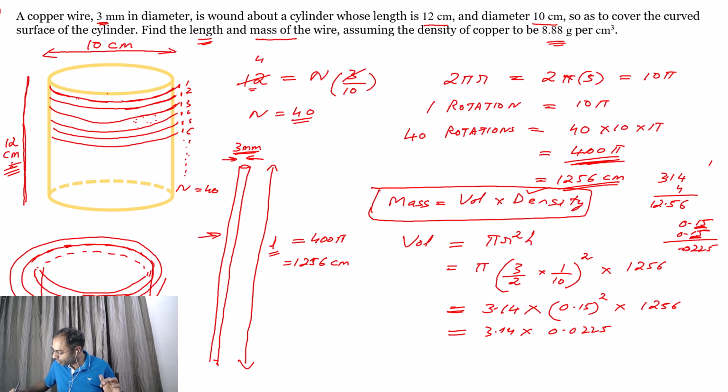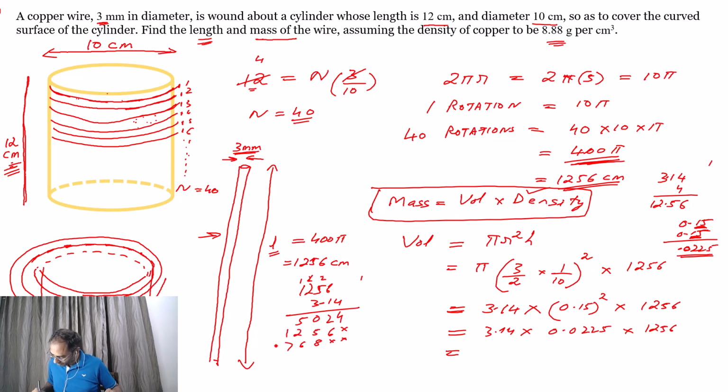So I put a 0 and then the decimal comes here. So 0.0225 into 1256. Once I calculate this, how much will I get? Two decimals, it will come to 3943.84.